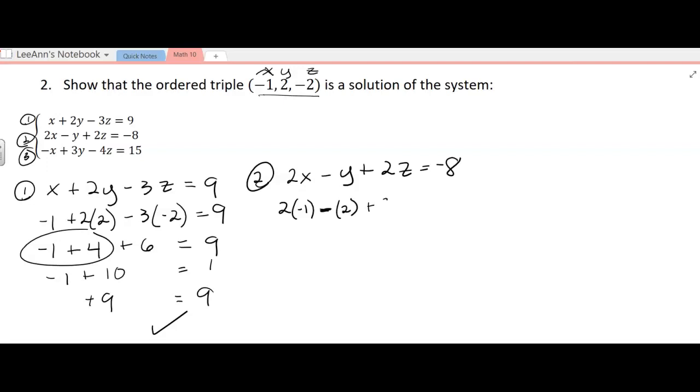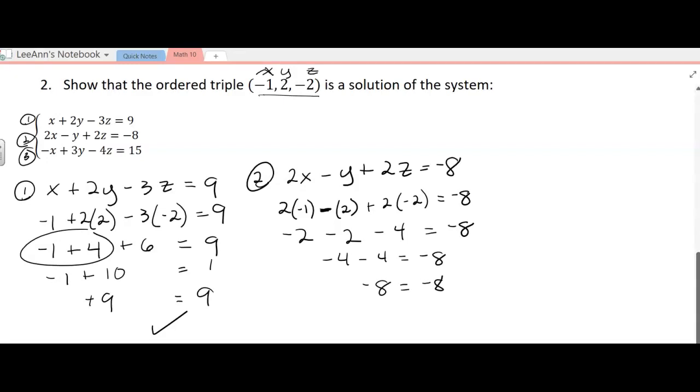All right, -2 minus 2 minus 4, does that equal -8? Well, -2 minus 2 is -4. -4 minus 4 is -8. Yes. We're expecting this to work because it says show.